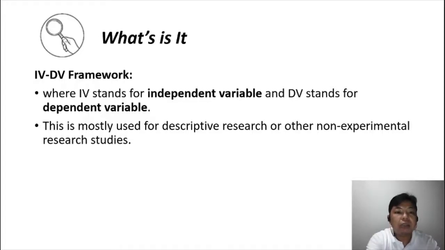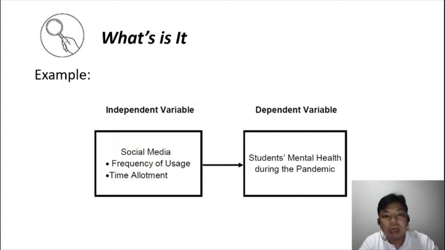So, here is a good example of an IVDV framework. So, kung makikita nyo, napakasimple lang. So, ang pinapakita natin relationship ng independent variable dito with the arrow sign. Okay? So, for example, sa independent variable natin is social media, frequency of usage, and time allotment. And sa dependent variable natin, students' mental health during the pandemic.